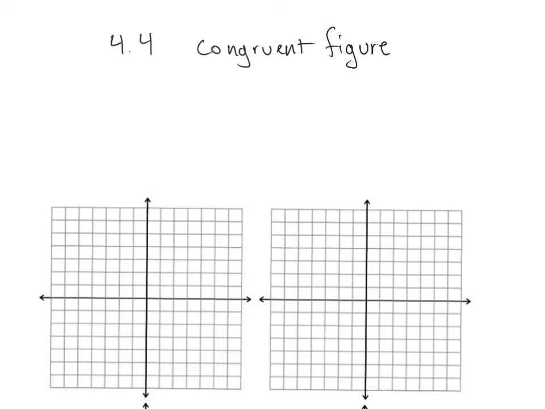So the congruent figure is just any two shapes that are pretty much the same, and then a congruent transformation, and that is a rigid set of motion that does not change the size whatsoever of the shape.